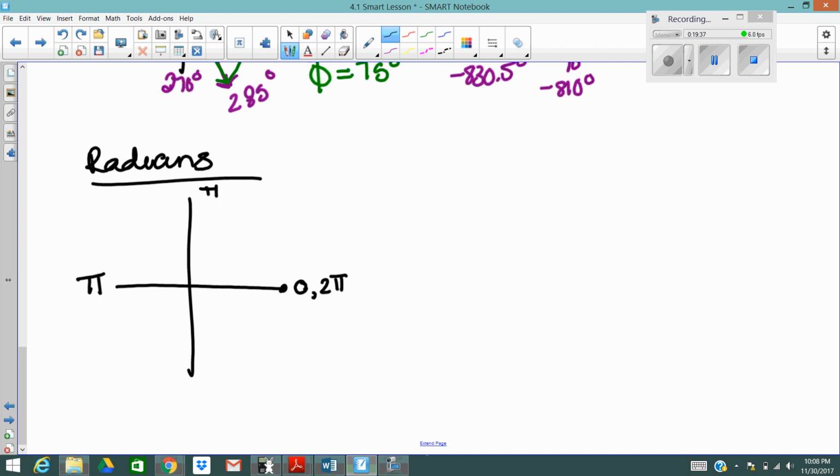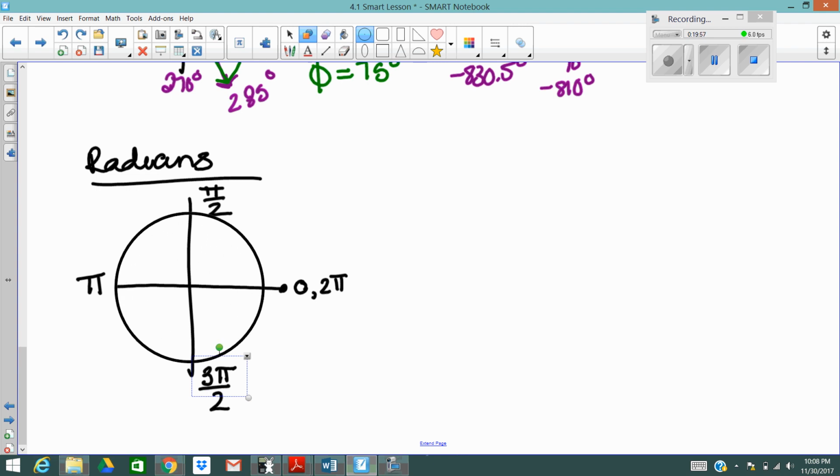A quarter of my circle is half a pi radians, and 3/4 of my circle is 1.5 radians. So if I'm breaking down my circle, and I know I keep saying circle and we're not really looking at a circle, imagine there's a circle here. If I'm breaking down my circle, I would have no degrees, no radians, pi over 2 radians, pi radians, 3 pi over 2, 2 pi.